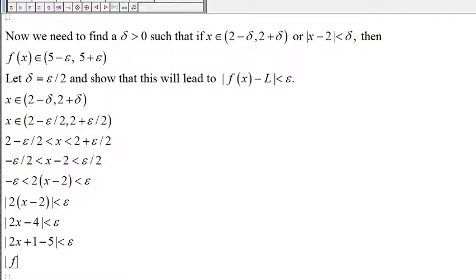And this is the same as f of x, because f of x is 2x plus 1, and 5 is L, and this is less than epsilon. So we have just shown that if we let delta be epsilon over 2, then this will lead to the absolute value of f of x minus L less than epsilon.